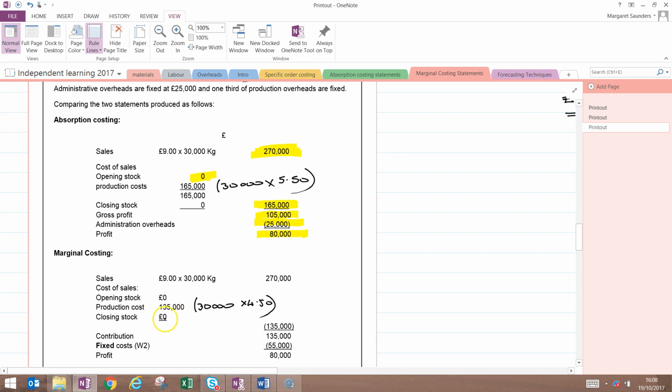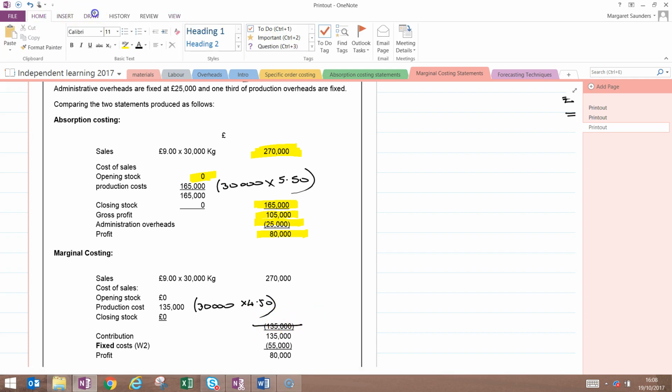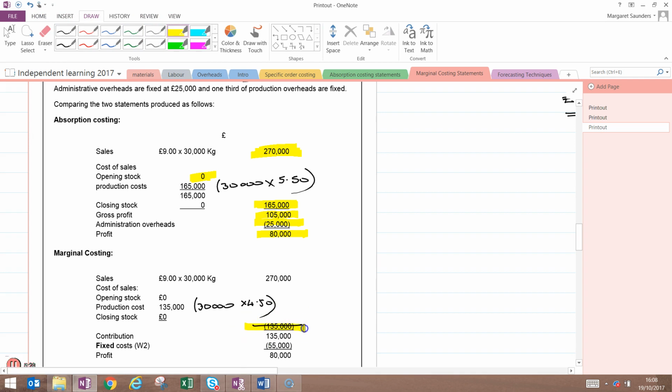So opening stock plus the production cost minus the closing stock, we have a cost of sales figure of £135,000. Sales minus the cost of sales gives contribution. We then need to deduct the fixed costs.